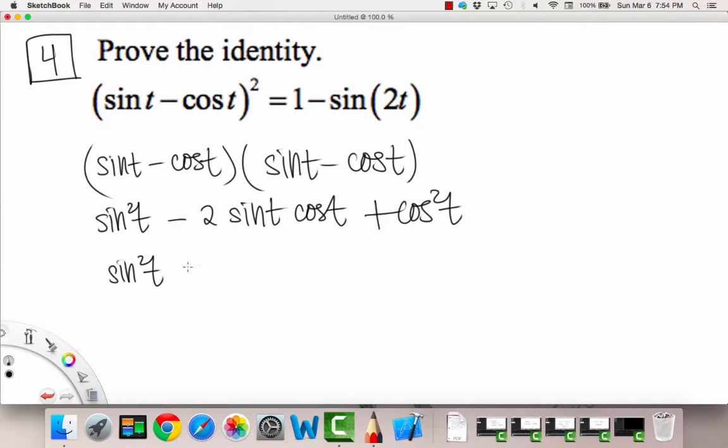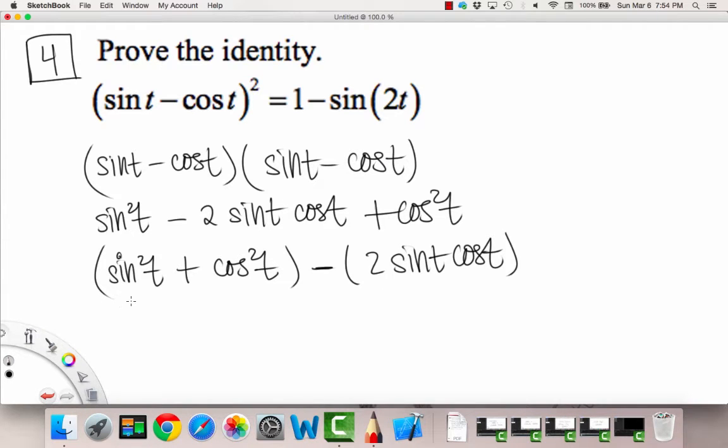Okay, so let me just rewrite this. We'll rearrange the order. Sine squared t plus cosine squared t. I'll just group those together to kind of allude to something. And then we have minus a 2 times sine t cosine t. Okay, so this guy here, we can reduce that using the Pythagorean identity. That reduces to simply a 1.